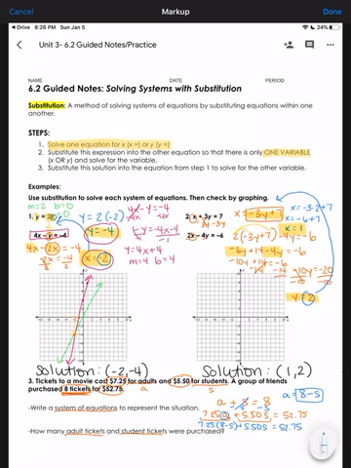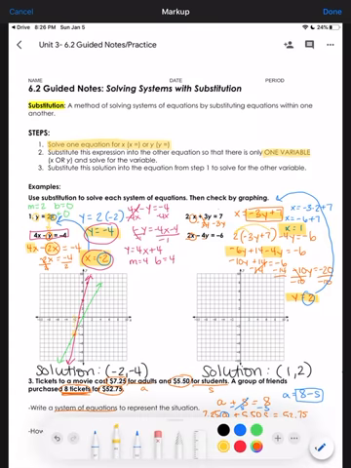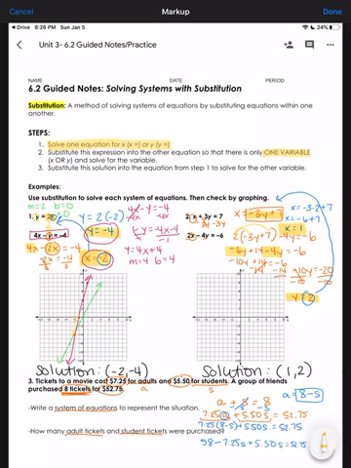So I have 7.25 times 8, which is 58, minus 7.25 times S, because I'm distributing, plus 5.50S equals 52.75. Now I'm going to combine like terms here because I have negative 7.25S plus 5.50S.